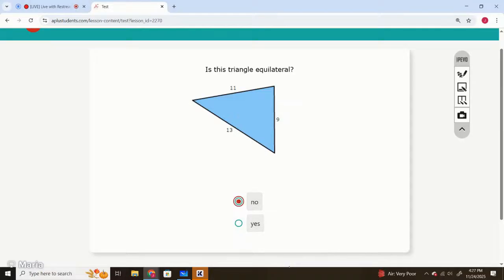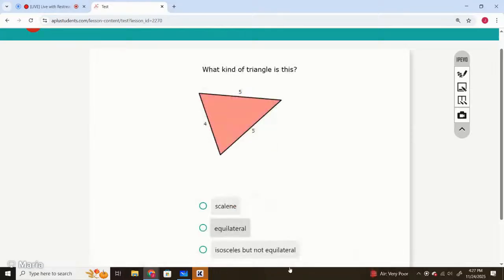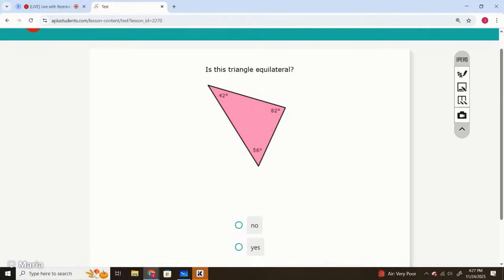No, that is not the equilateral triangle, so the correct option is no. What kind of triangle is this? That is isosceles but not equilateral.